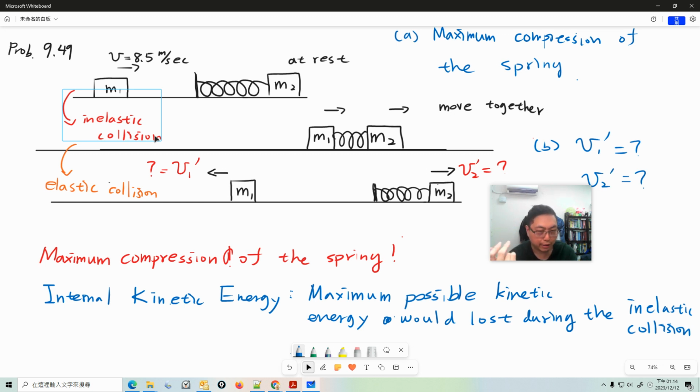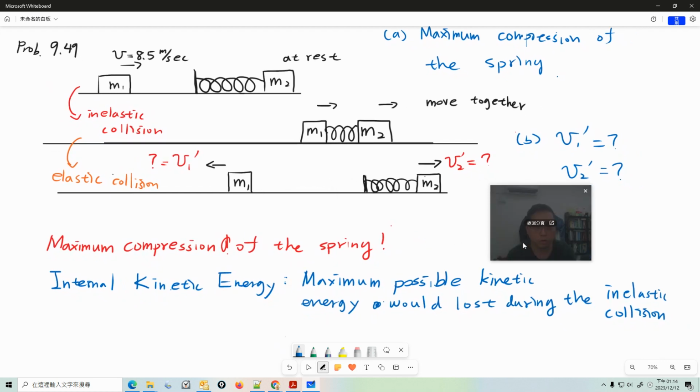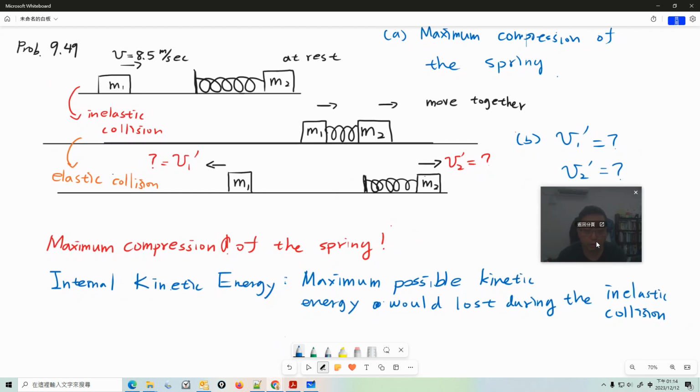And because the problem wants us to find the maximum compression of the spring, my idea is, in this inelastic collision, I just assume it lost the maximum possible kinetic energy, and this lost energy converts to the elastic potential energy. Let me write down my idea.